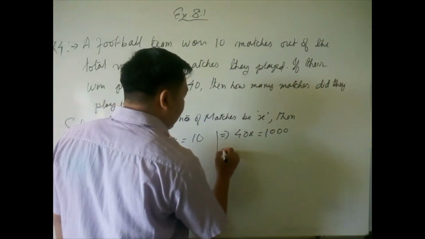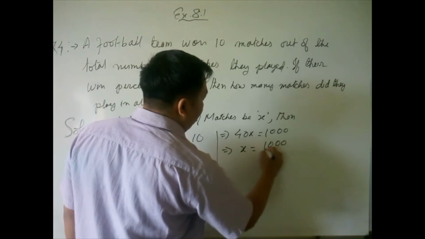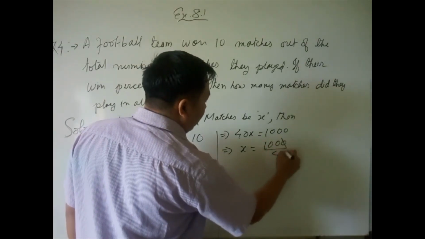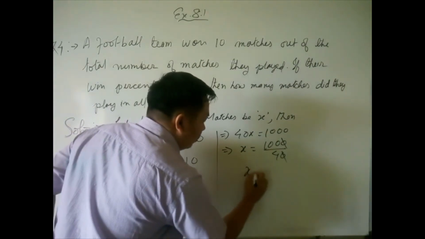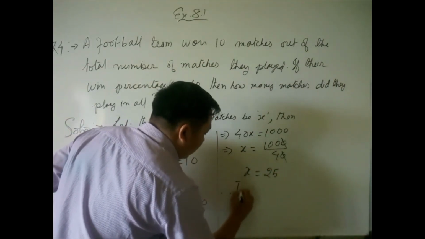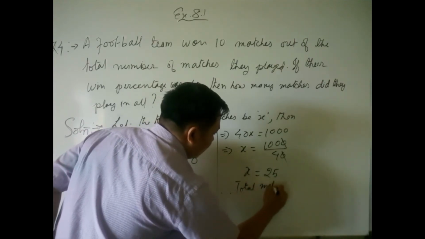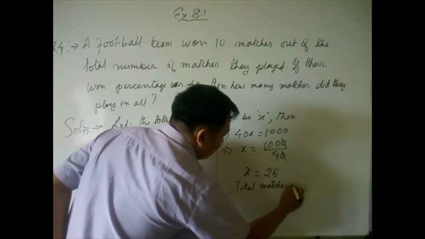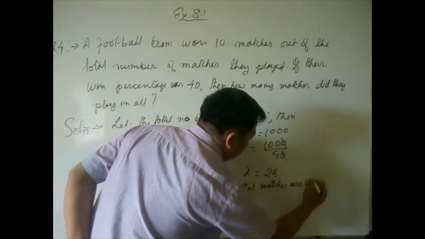Then x is equal to 1000 divided by 40. These two cancel. Then x is equal to 25. That means therefore total matches are 25.